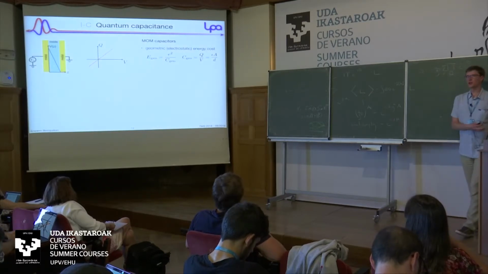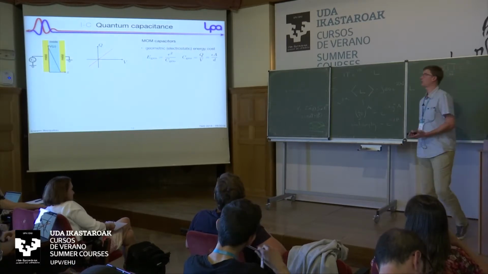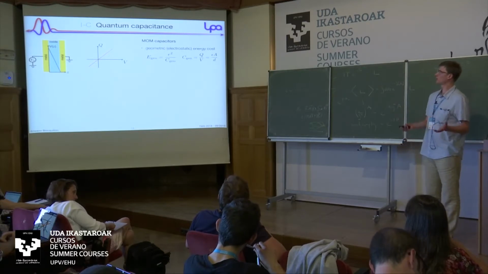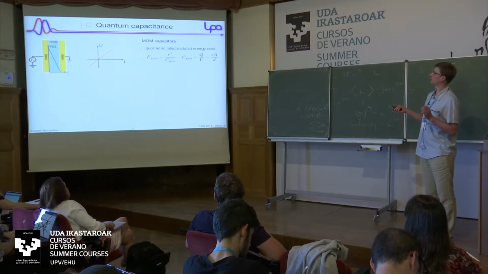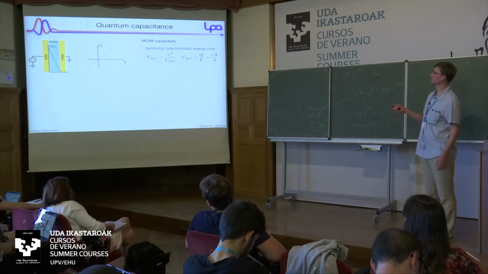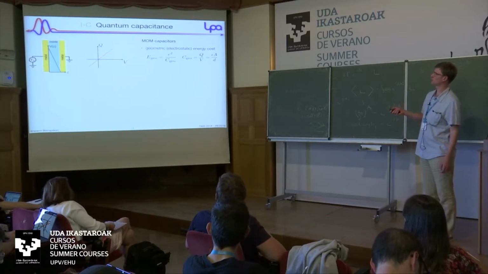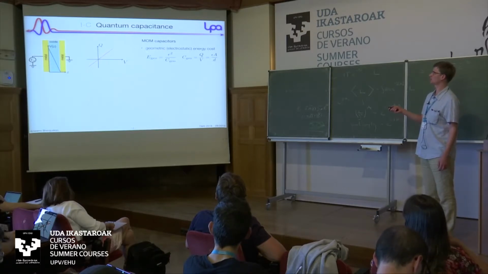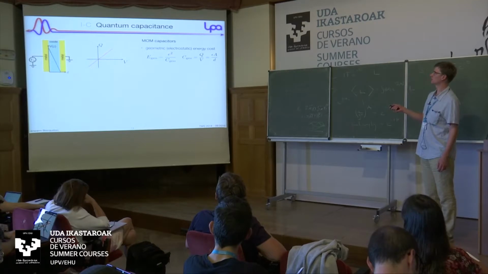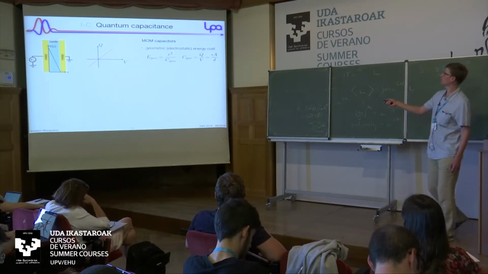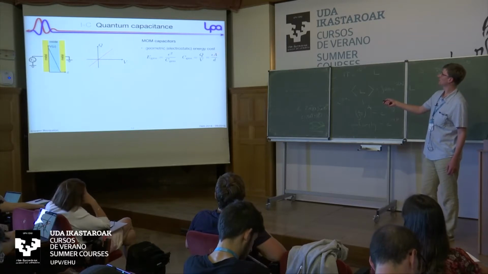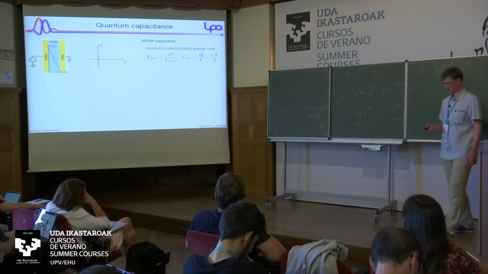So what do you measure in such a capacitor? Well, you all know the parallel-plate capacitor, where there's a geometric contribution that tells you that when you want to transfer charge from one plate to the other, there's an energy cost associated to that, which for a charge e is e squared over C, where C, the geometric capacitance, is just given by epsilon times the area divided by the distance between the plates.